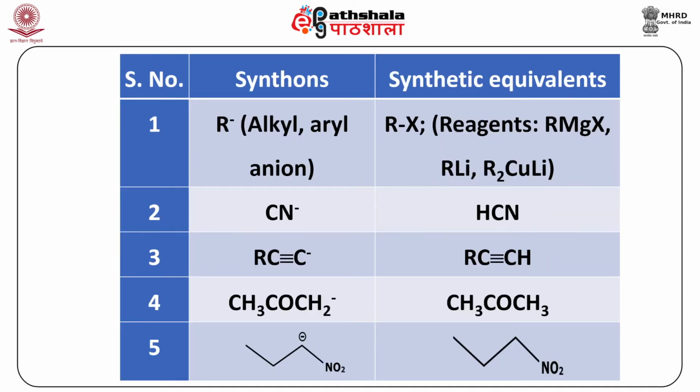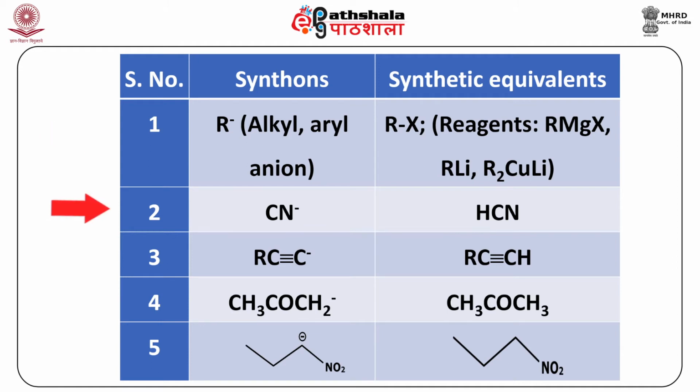Let us look at the list of some common donor synthons and their synthetic equivalents. If we have R minus, the reagent can be RMgX, or RLi, or R2CuLi, or RX in the presence of metals, because that is how you will be able to generate the R minus.